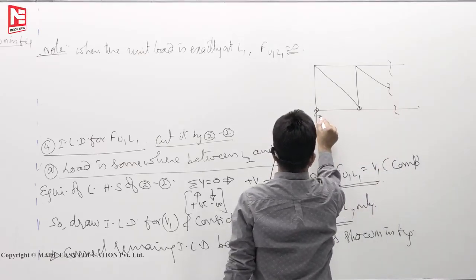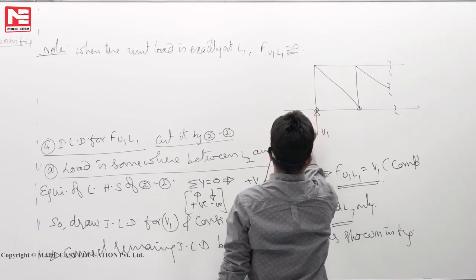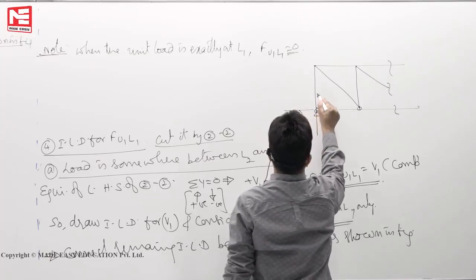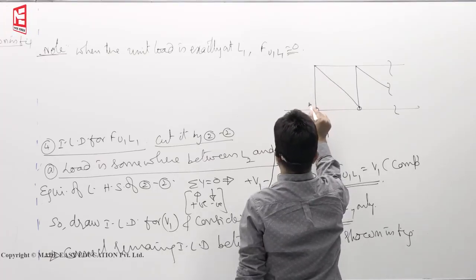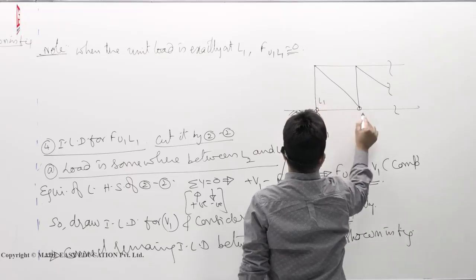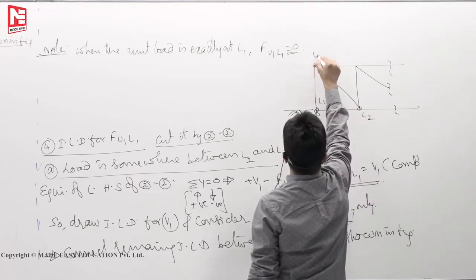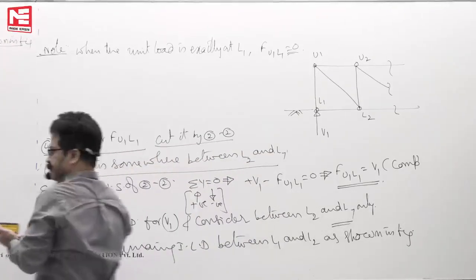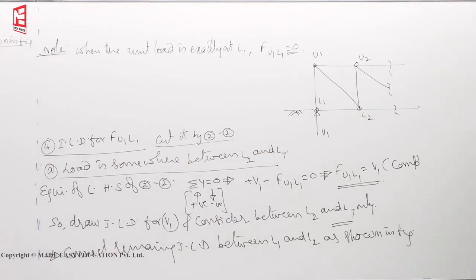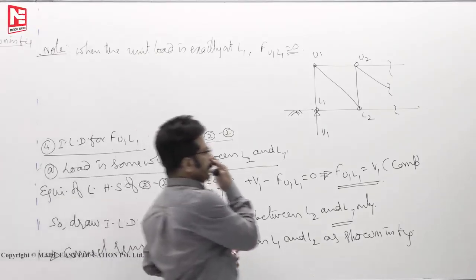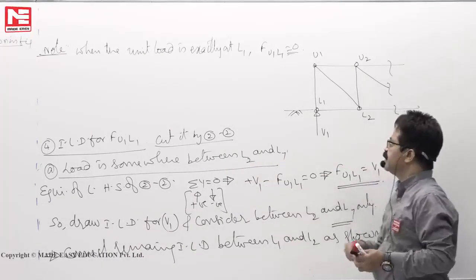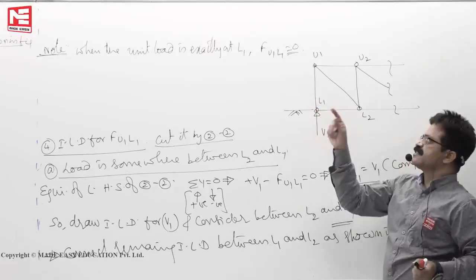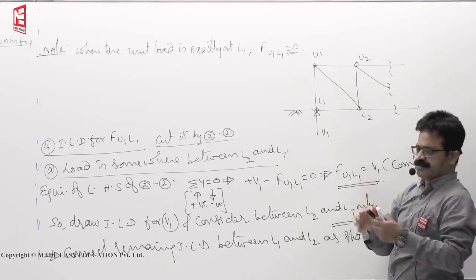Okay, this is V1, this is the ground, this is L1, L2, etc. This is U1, U2, etc. Now, as I told you, here there is a cross girder, here also a cross girder.